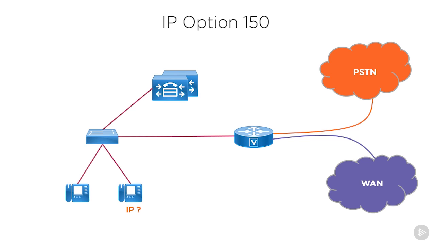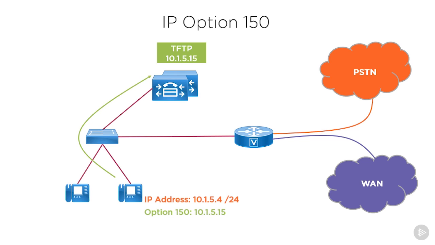So it's going to ask, hey, is there anybody out there that can give me an IP address? And that's what the DHCP server is there for. It's going to offer an IP address, but because it's a phone or a collaboration endpoint, it's going to ask for something more than just an IP address. We need to configure our DHCP server to provide that, and that's called the option 150. That's the IP address of our TFTP server.